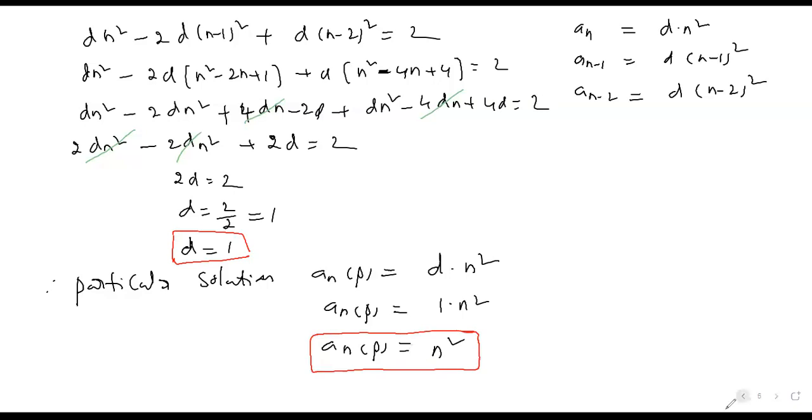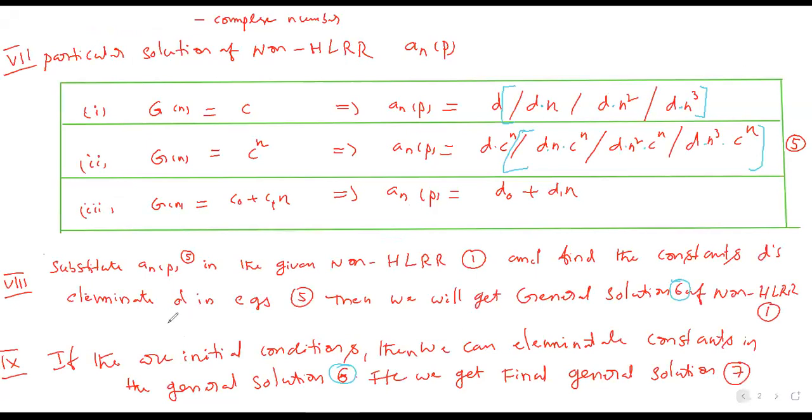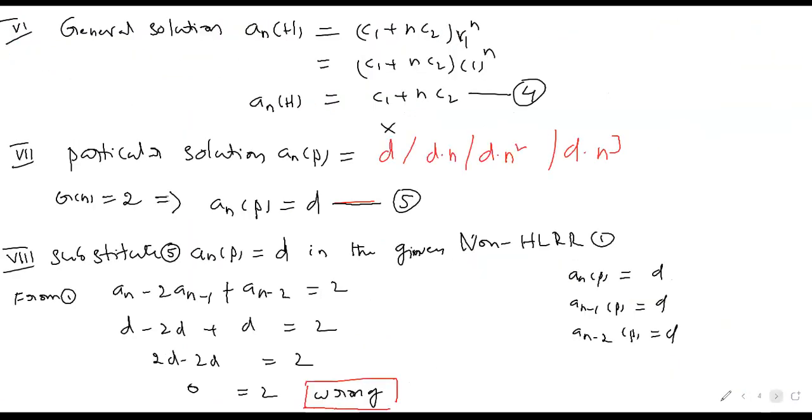So after getting the a_n of p, what I told to you, you can check it here. After getting that, you will get the equation 6, that is the general solution. But here initial conditions are there. Initial conditions are given here.